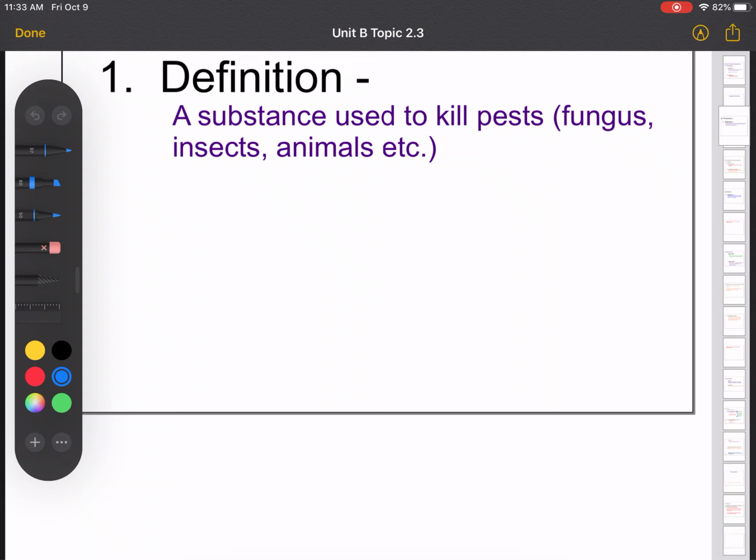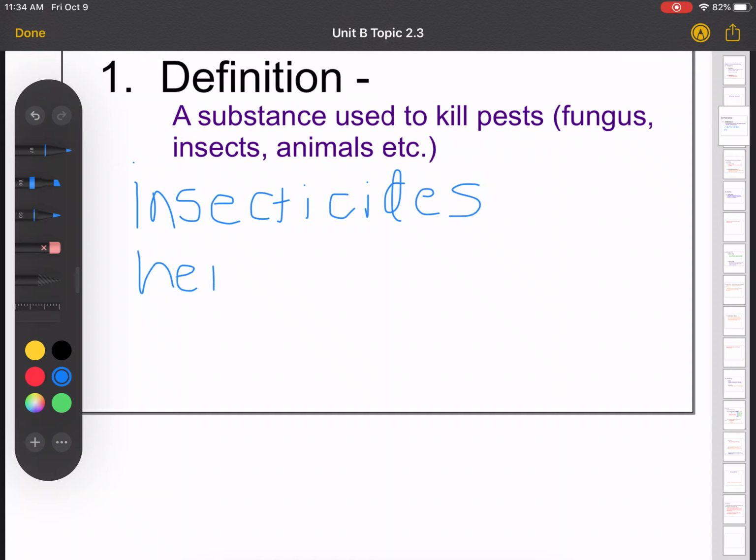Herbicides are things that kill unwanted plants. So insecticides, herbicides, and then fungicides.